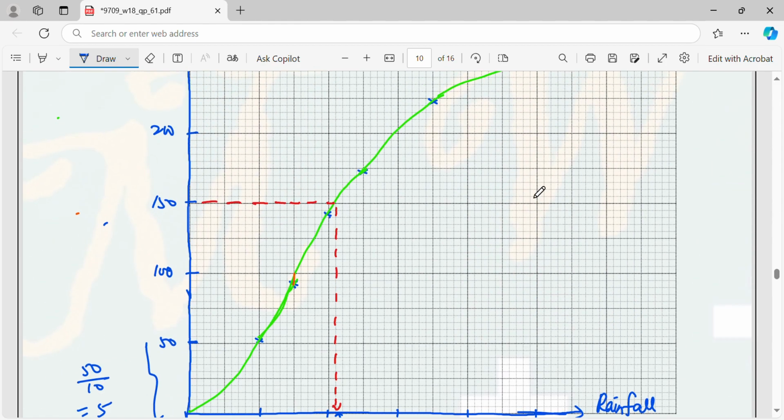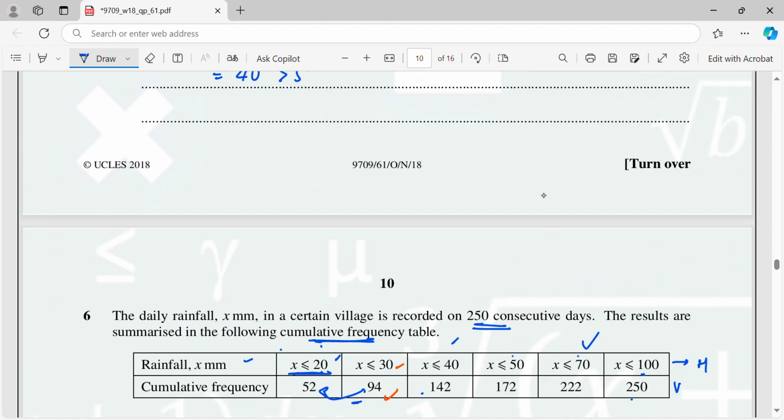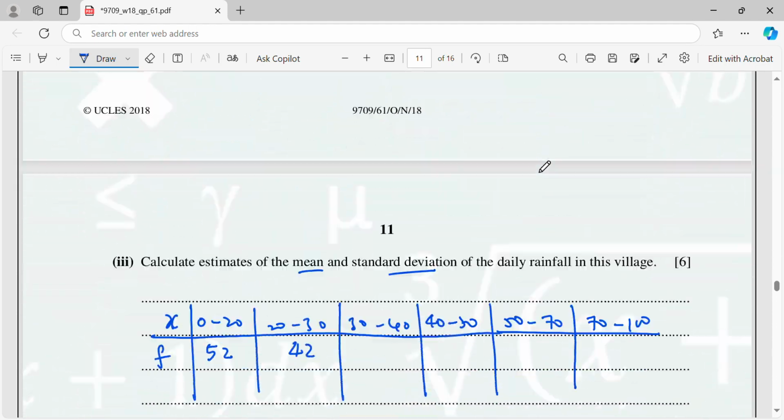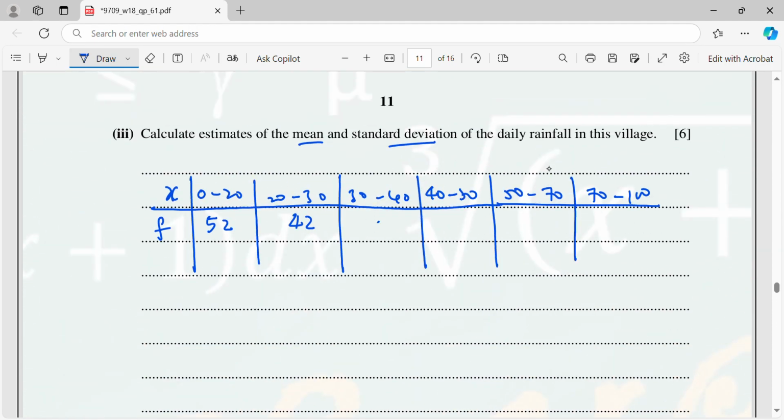And the third class, you subtract as well. So 142 minus 94, that is 48. So you just keep subtracting the previous cumulative frequency. That will be the individual frequency. So here I will be getting 48, and then 30, 50, and 28. So now I need to find the midpoints.